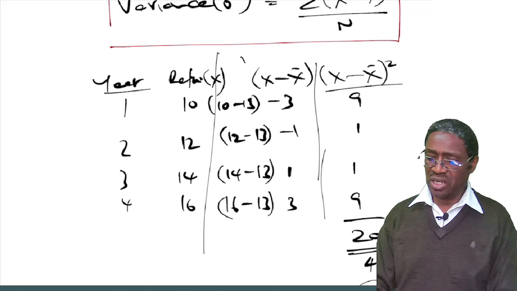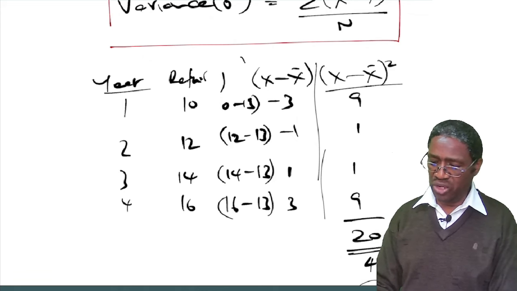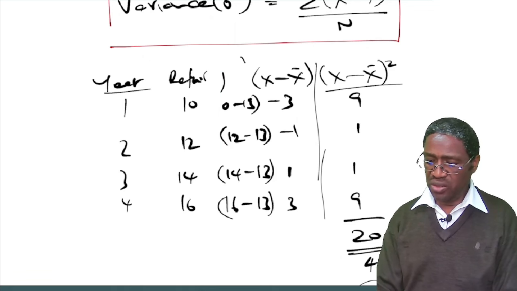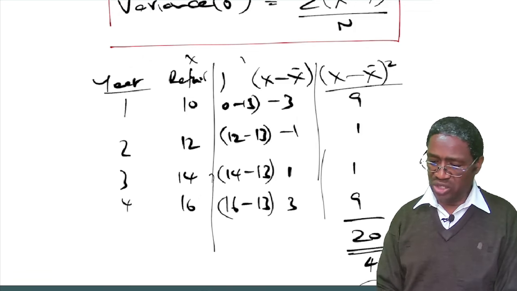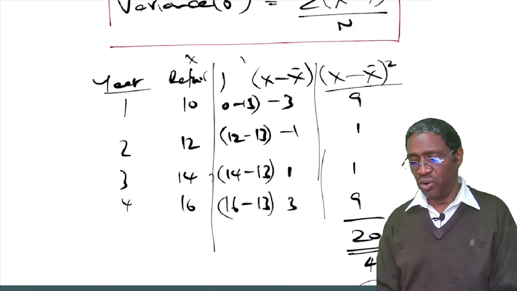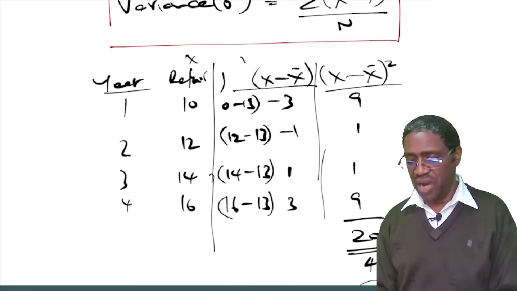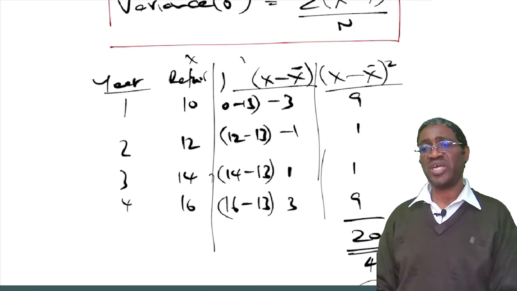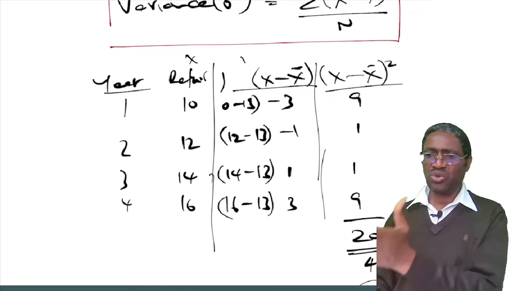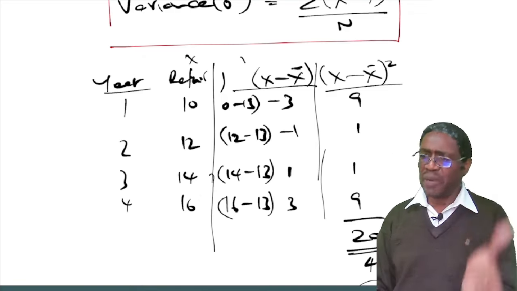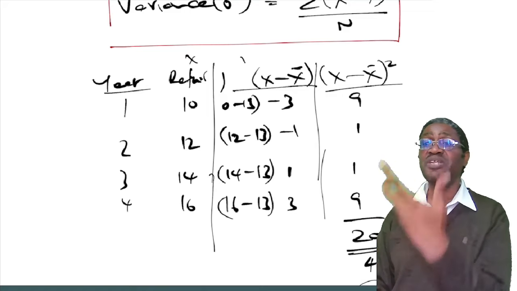So now you can do that in the form of a table, where this is x, the return x. Then we want another column for x minus x bar, which is the mean, so you get the deviations from the mean. Then you square those deviations. The purpose of squaring the deviations is to eliminate the negatives.